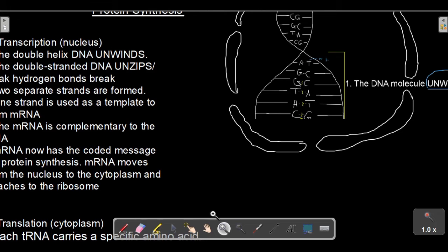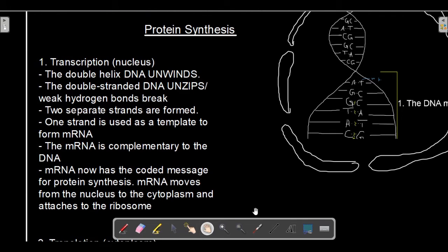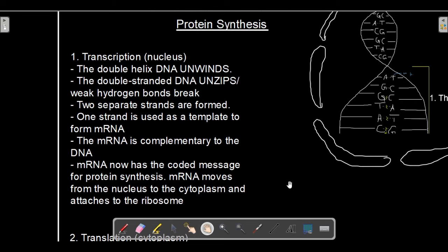Okay, so protein synthesis is made up of two stages. The first is transcription. Transcription is taken from scribes.